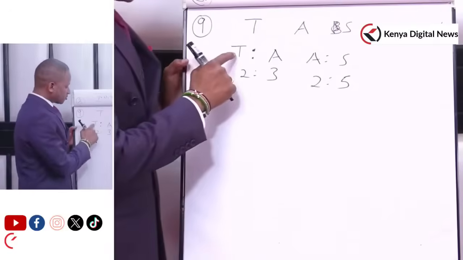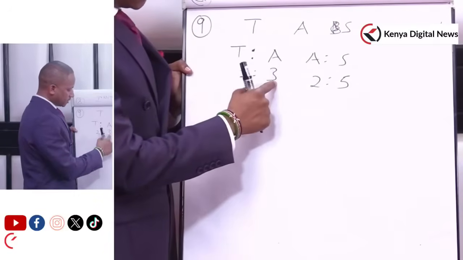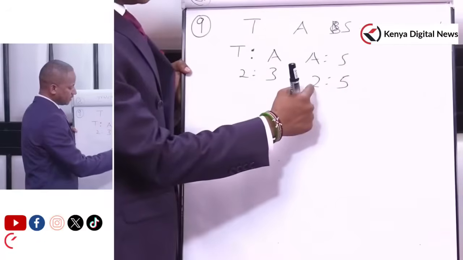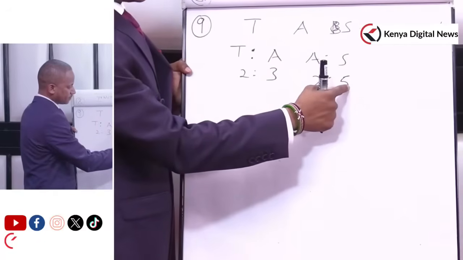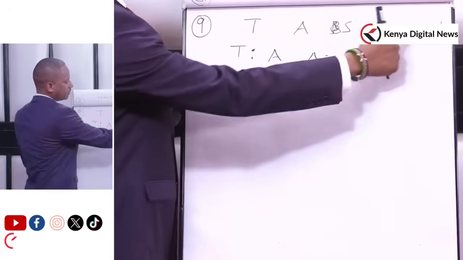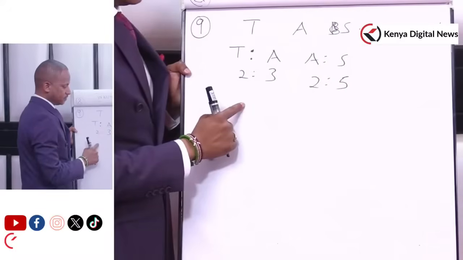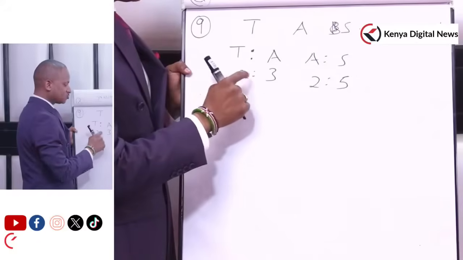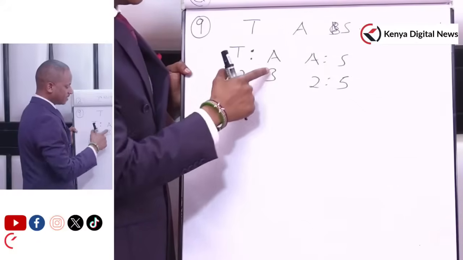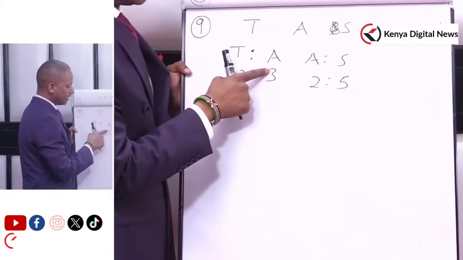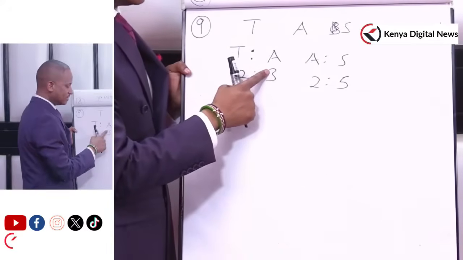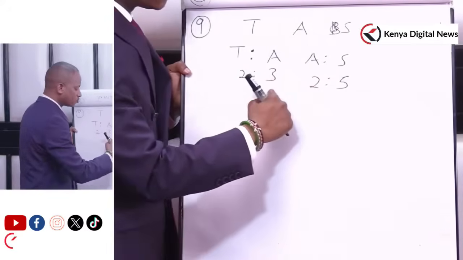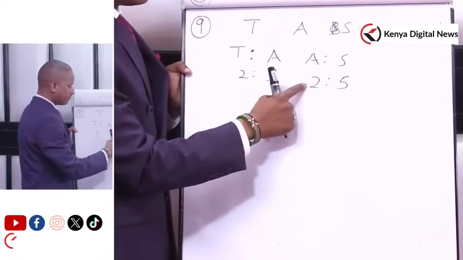So we have the ratio of Tumaini to Abu is 2 to 3, and Abu to Sifuna is 2 to 5. But they all contributed 120,000. Now, the first thing that you do when you are given such is to harmonize the ratio for Abu, because Abu here has 3, and Abu here has 2. So we want to know a common ratio for Abu.